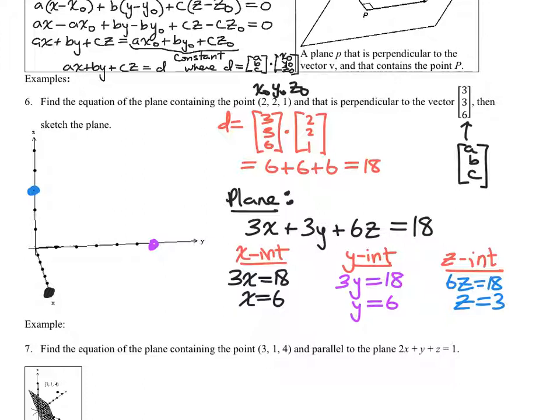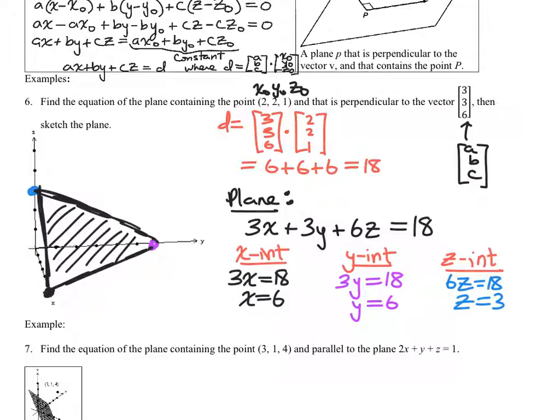So the way we handle it is by drawing straight line segments from point to point along your axes, best you can, and then just shade it in. It's not going to be infinite. Really what we're getting is the axes cross-sections of the plane, so where it would be in that corner.